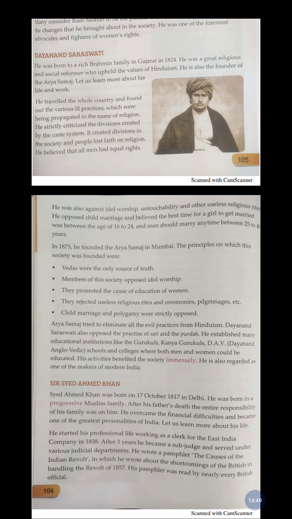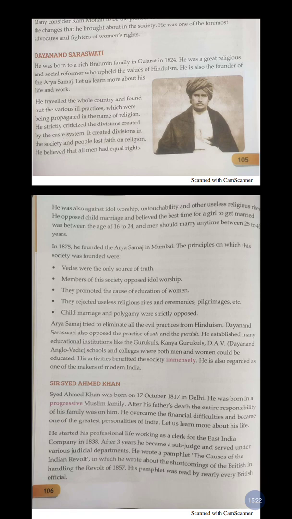So students, what has Dayanand Saraswati established? Educational institutions like Gurukuls, Kanya Gurukuls and also DAV. And in those schools and colleges, what was the education system? Both men and women could be educated in the same way as we are getting the education. This system is called co-education.